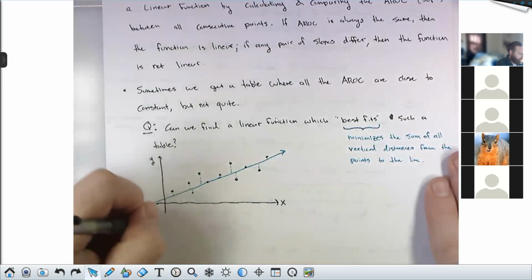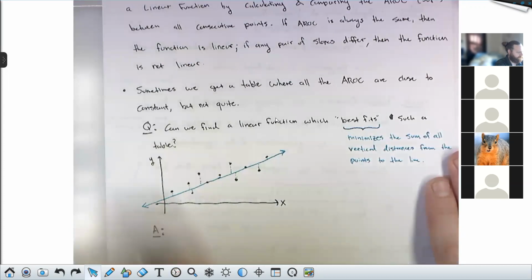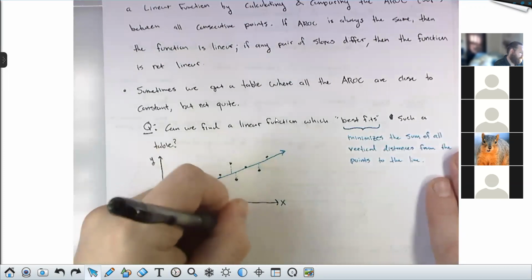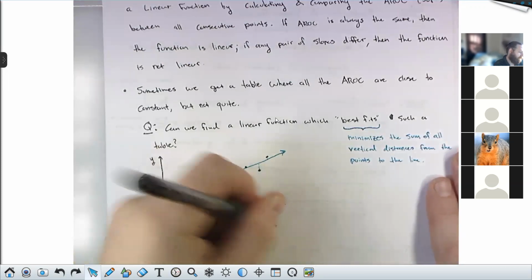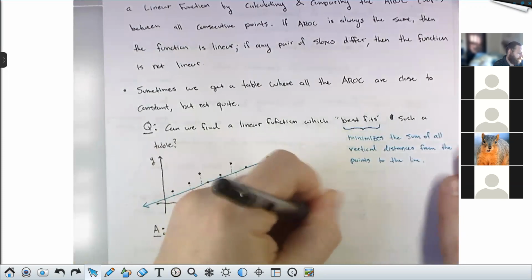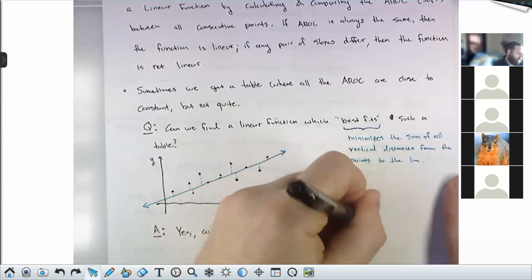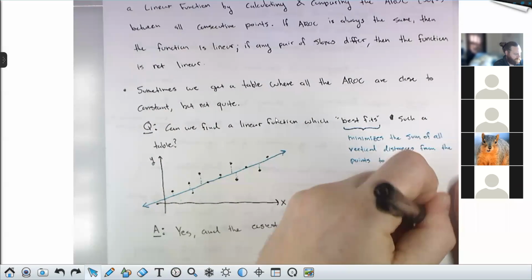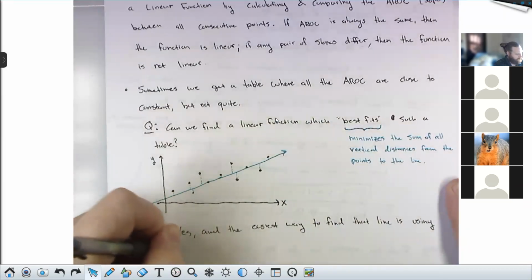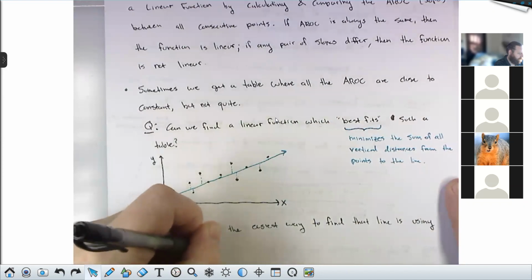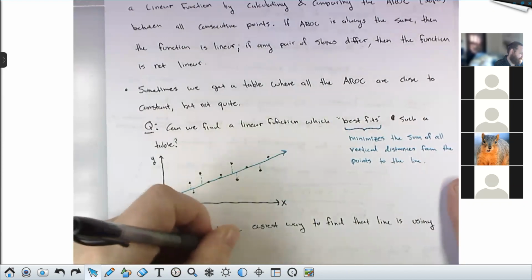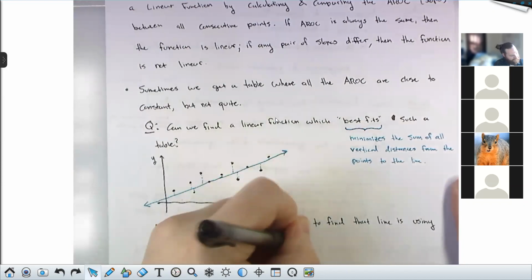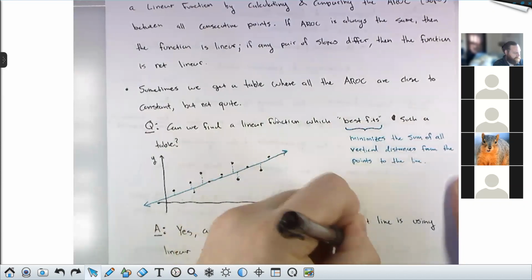So the answer, I wouldn't talk about all this unless the answer was yes. And the easiest way to find that line is using the linear regression function in your graphing calculator.